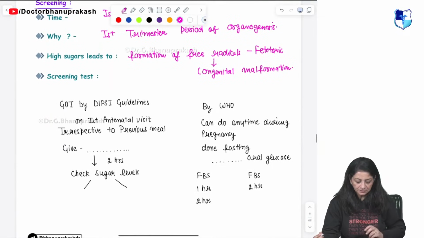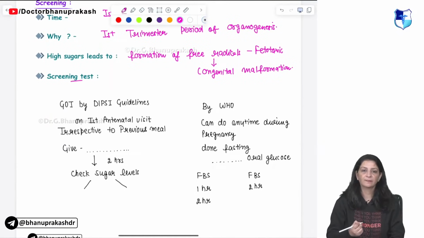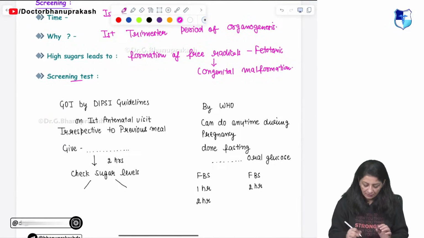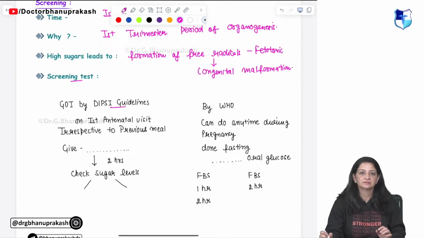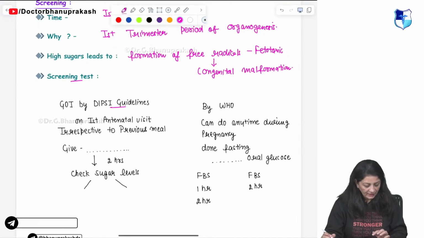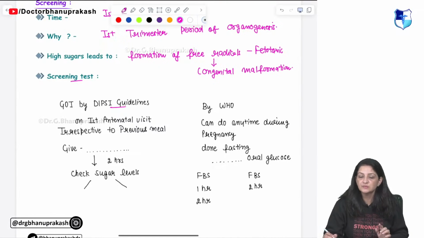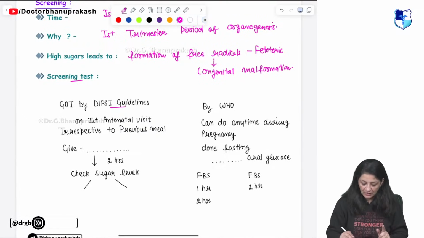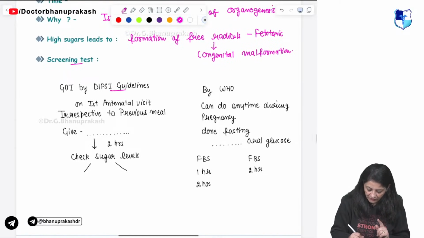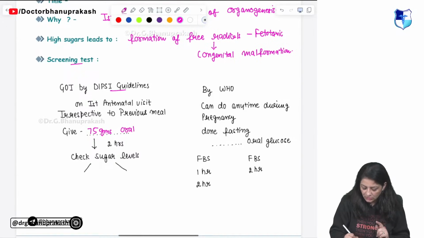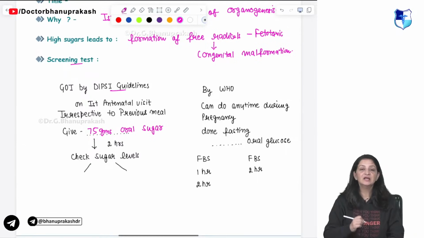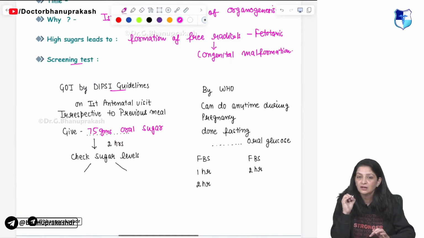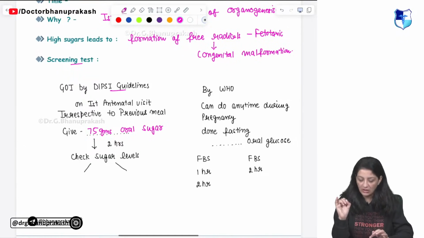So we have two tests. By Government of India, by DIPSI guidelines, on first antenatal visit, irrespective of previous meal, we have to give 75 grams of oral sugar to the patient. And then we have to check the sugar levels after 2 hours.